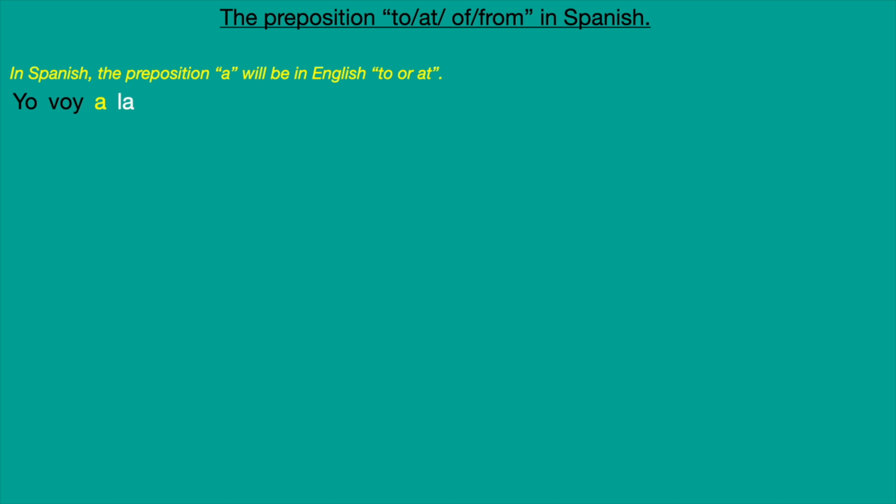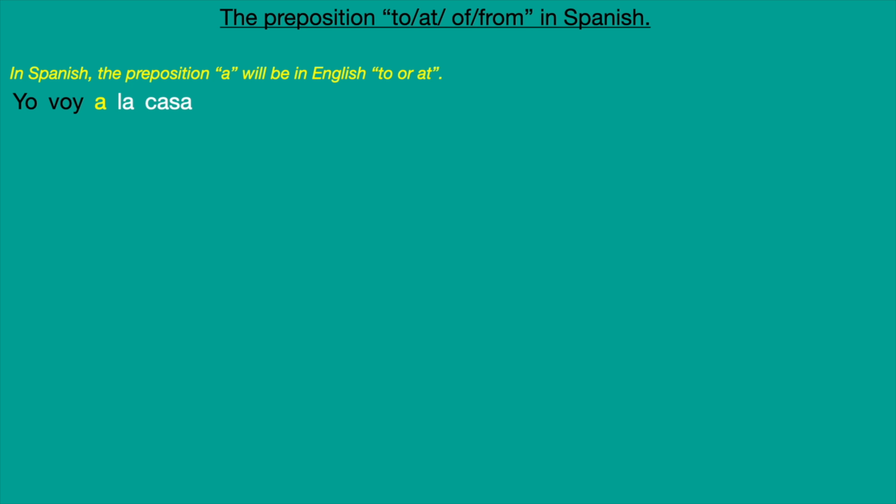So yo voy, then the article, which we were already using, la casa, so the house. Casa is feminine, so that's why we have la casa. If it were masculine, we would say el barco or el camión. So in this case la casa, the house. Yo voy a la casa.